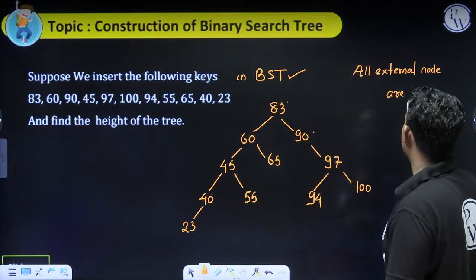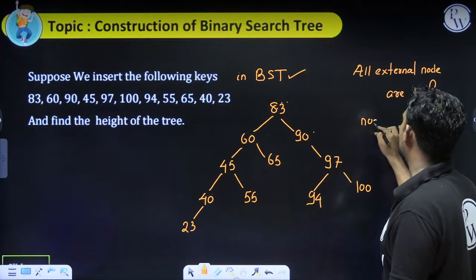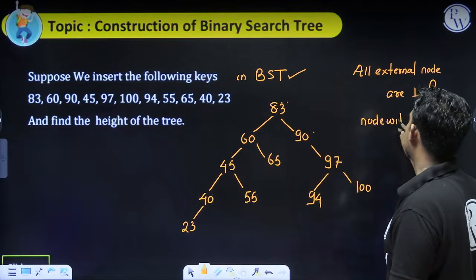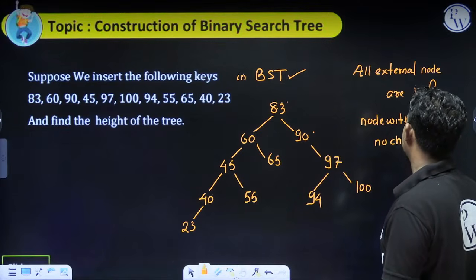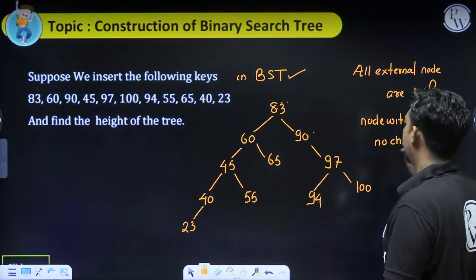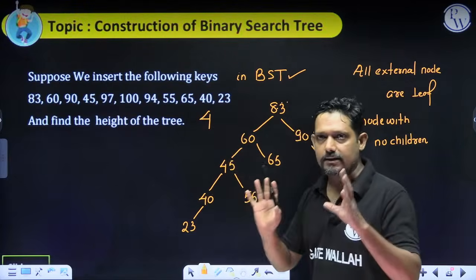What is the definition? Node with no children. Okay, so 1, 2, 3, 4. So 4 is the answer here in this case.